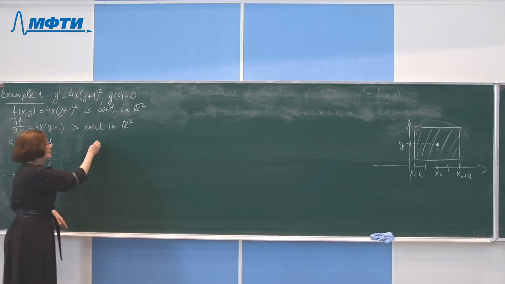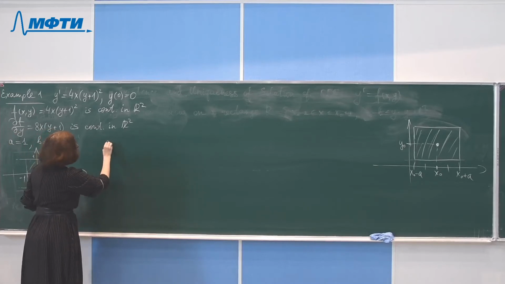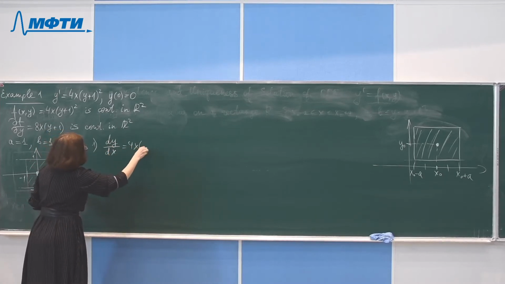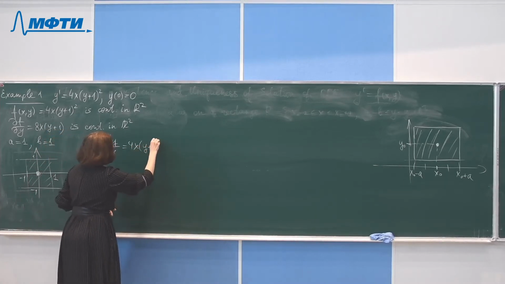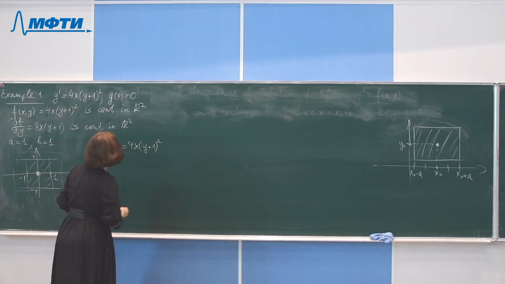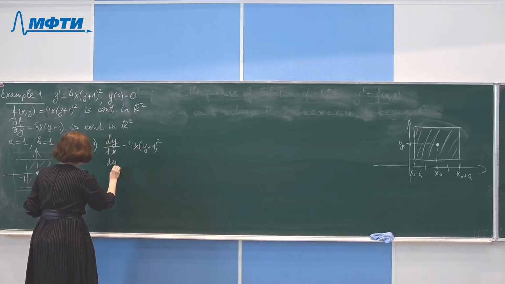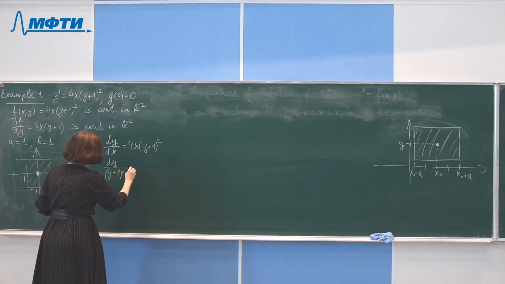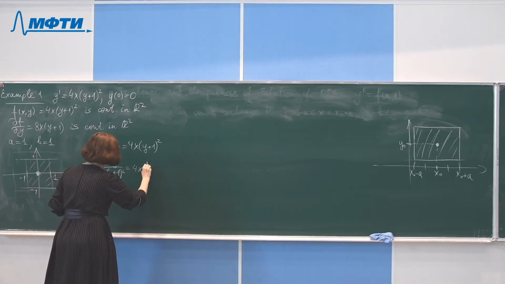Right? Let's solve this. Step number 1 to solve the equation: dy over dx equals 4x times (y plus 1) squared. So this is dy over (y plus 1) squared equals 4x dx.